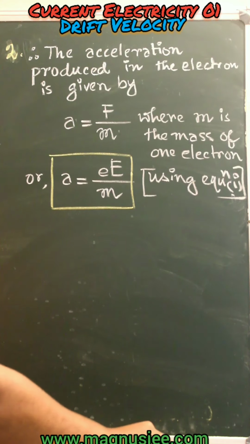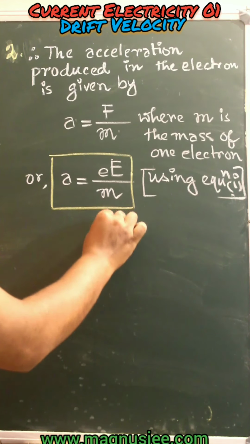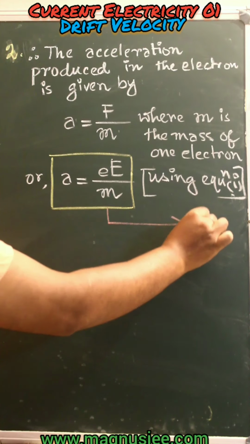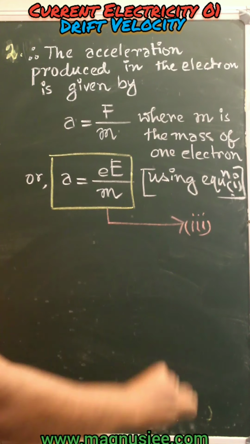This is the acceleration a equal to eE by m, which is equation 3.